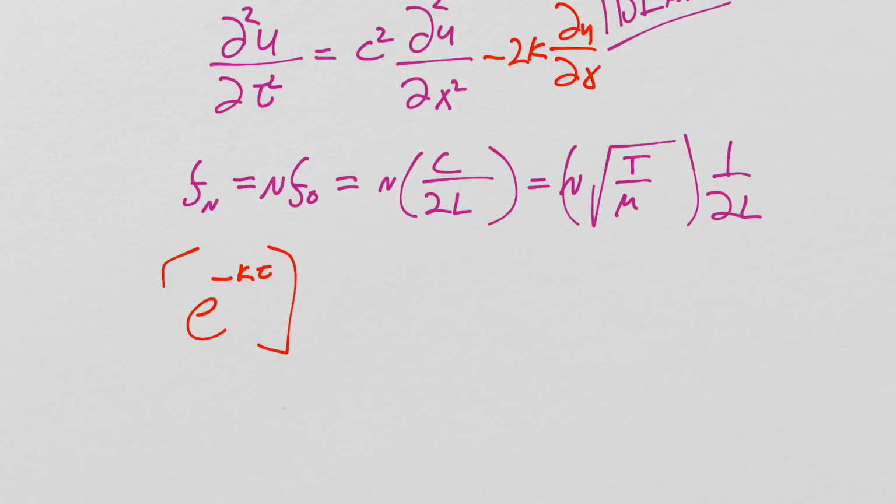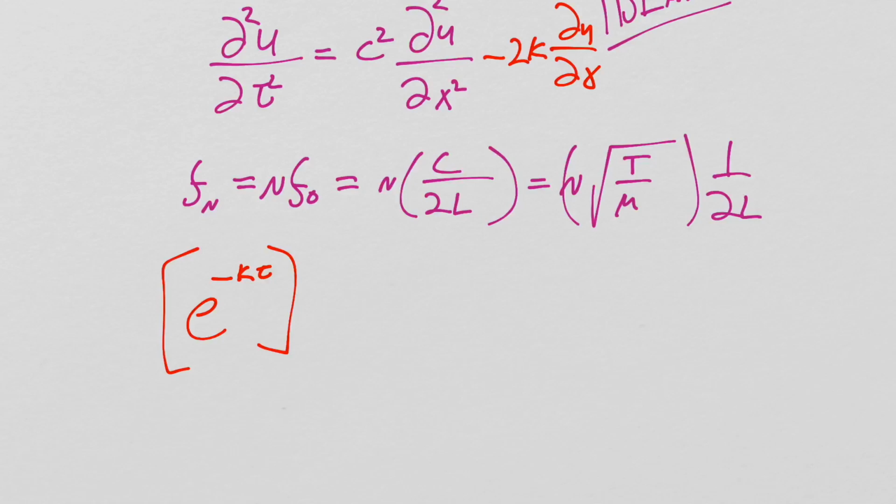This t is time, and this k is our damping factor, which has to do with how long it takes the mode to damp away. This acted on every mode, and it tended to drag the mode down to 0 as time went on. The amplitude of the mode would go to 0.